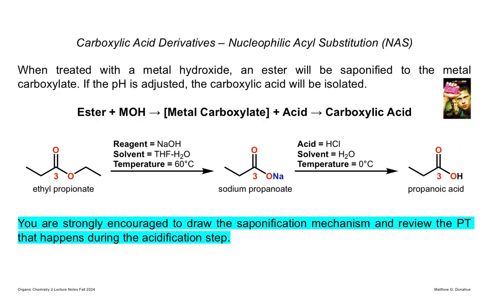So we've got about 20 minutes left. This has biological implications, but I'm just showing it for a small molecule here, ethyl propionate. The reaction that's shown is called saponification.